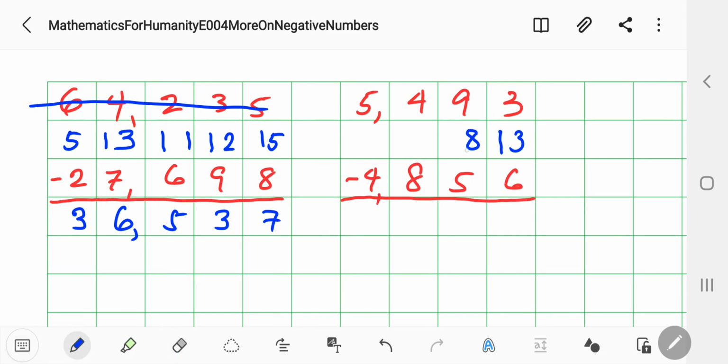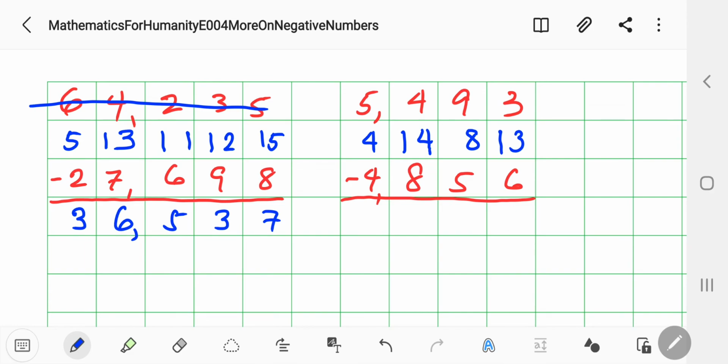So 8 is greater than 5, so it's okay. You don't have to borrow 10, so you retain the 4 here. But 4 is less than 8, so you have to borrow 10 from 5. And then of course 5 becomes 4. I mean, you subtracted 1.